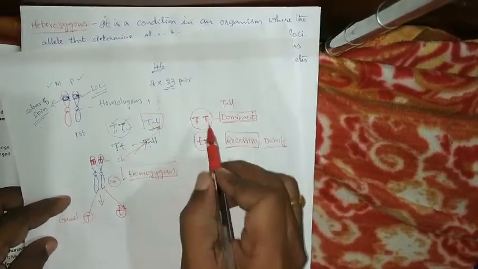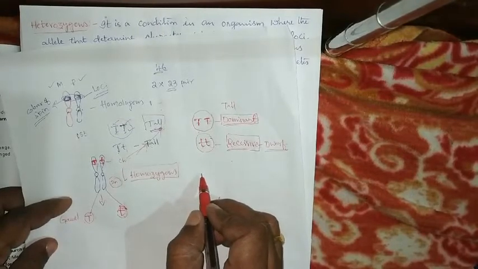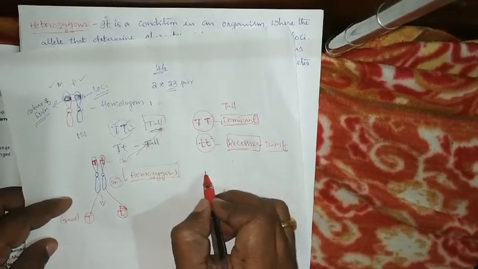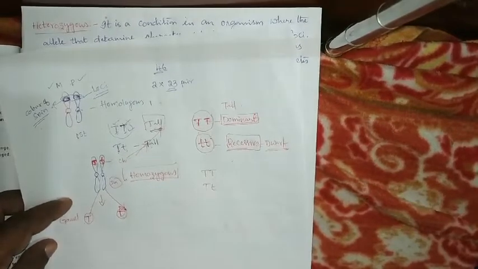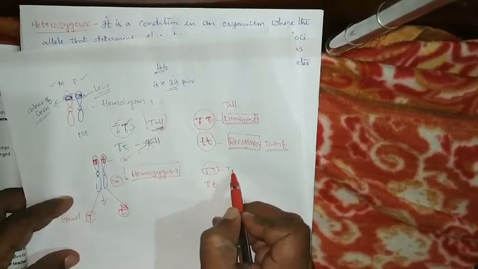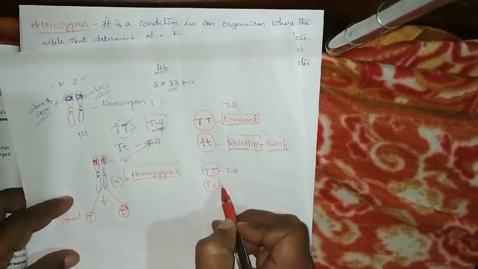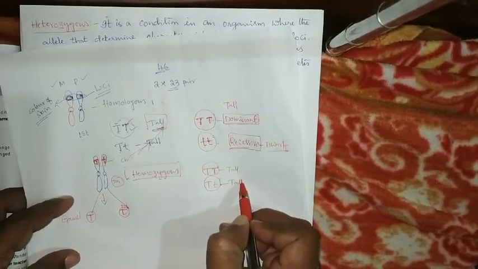So the dominant allele can express the character even in the homozygous condition and the heterozygous condition. In the homozygous condition, capital T represents tall. In the heterozygous condition, capital T, small t also represents the tall character.